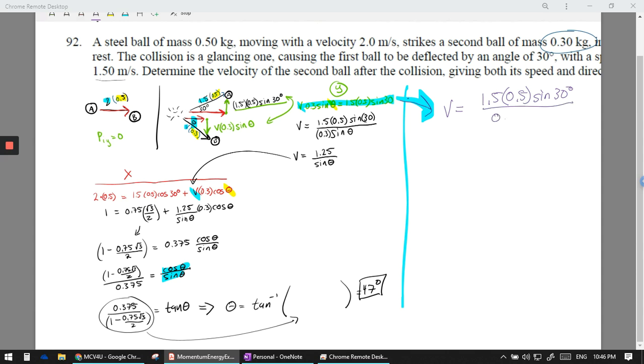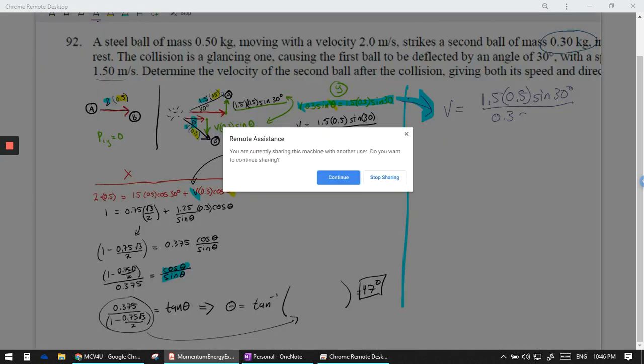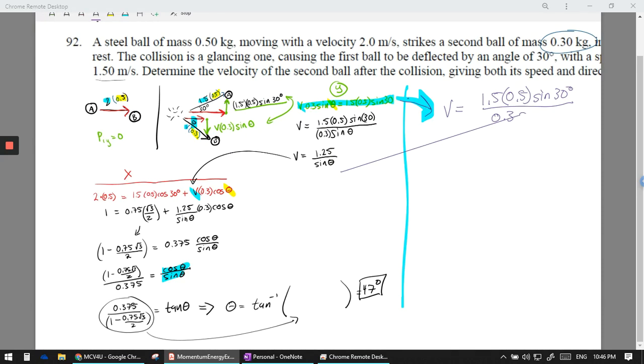So 0.3 sine of 47 degrees. That's pretty cool. And there we have it. We just solve a little bit of that, and apparently you get 1.7 meters per second.